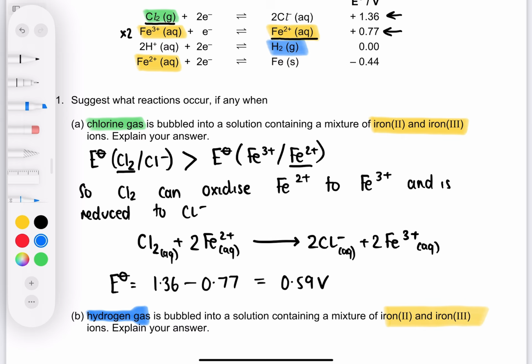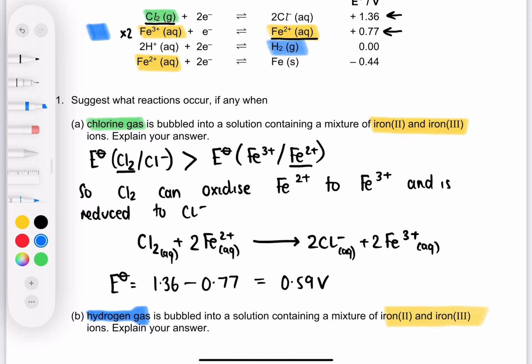So we're looking for something on the left-hand side that has a more positive value. So hydrogen's on the right-hand side, and the thing on the right-hand side must have the most negative value. So we're looking for something on the left-hand side with a more positive value.